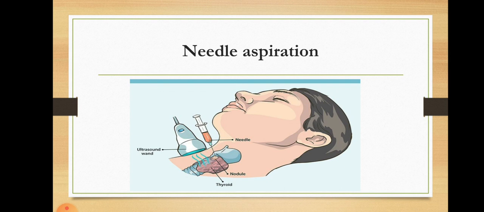In the picture we can see needle aspiration from a nodule of the thyroid gland. An ultrasound wand is being used to detect where the thyroid gland is present, and after detecting, the needle is used to extract the fluid from that location.